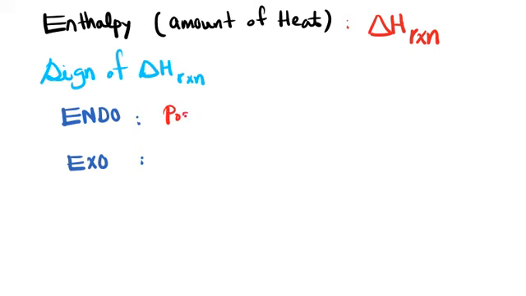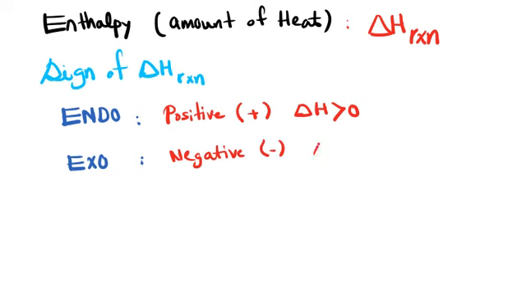If we have positive delta H, we call that endo, and negative delta H, we call that exo. So it's easy to memorize. In case we have endothermic, we have a positive number, and if we have delta H negative, we have exothermic.